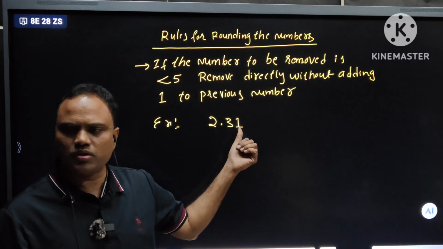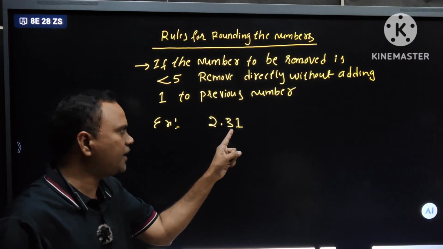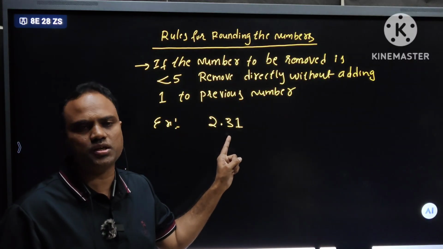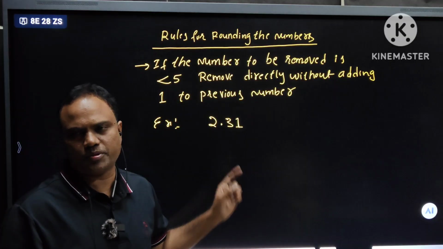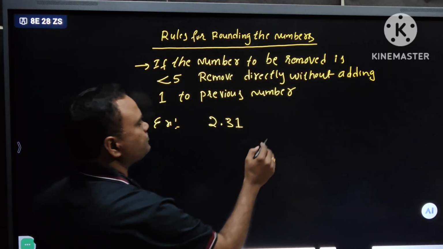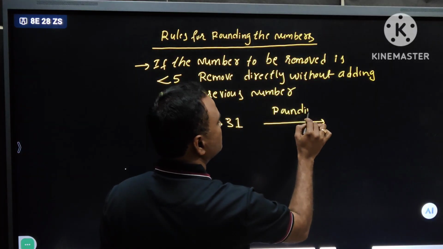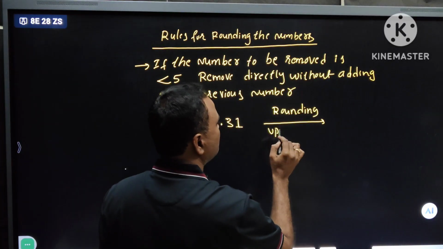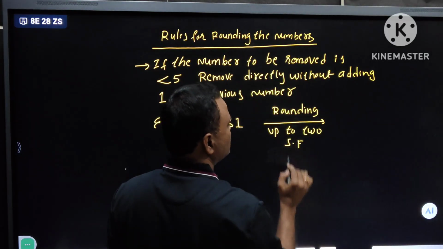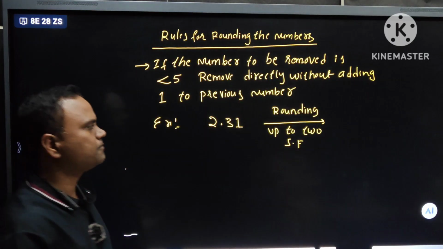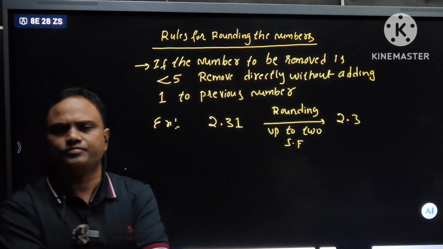Is 1 less than 5 or greater than 5? Less than 5. Previous number means 3, so don't add any number to 3. So rounding up to 2 significant figures, after rounding, the value is 2.3.